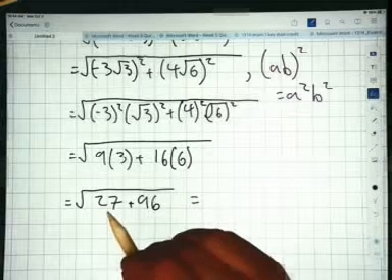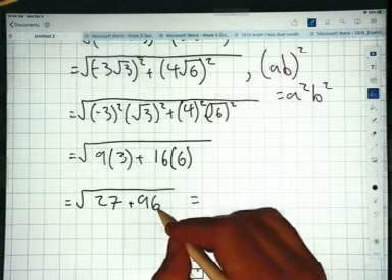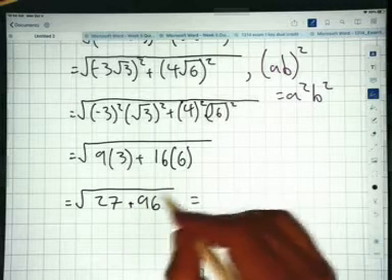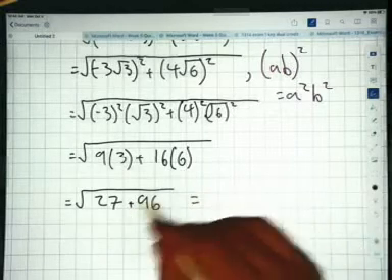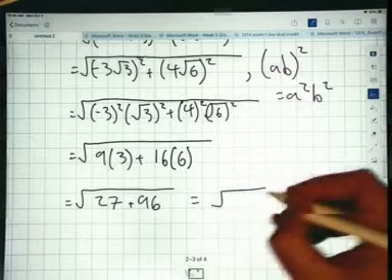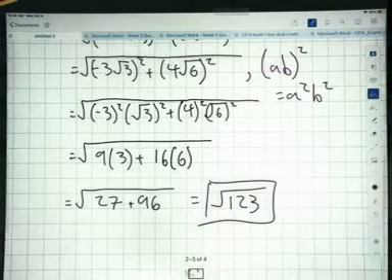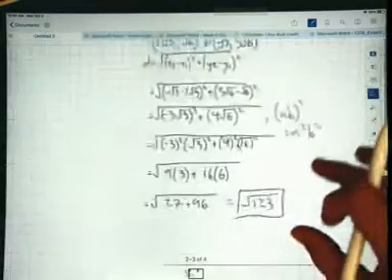So 100 plus 27 is 127. But I've got to subtract 4 from 100 to get 96. So I'm going to subtract 4 from 127, and that gives me 123. And root 123 does not simplify, and we're done.